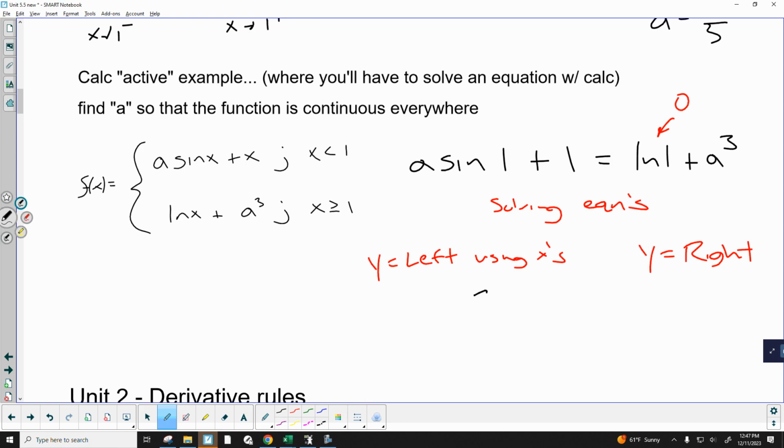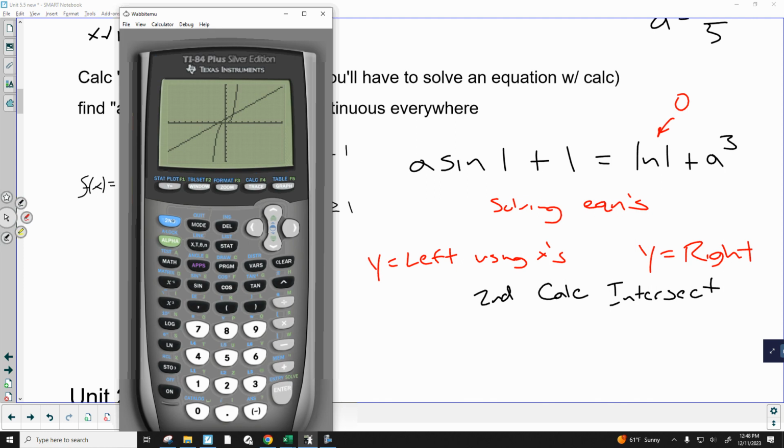This is when you're going to go to second, calc, intersect. Second calc intersect. That's very important. You don't have the intersection once you press intersect. You need to prompt the calculator on which curves to talk about.